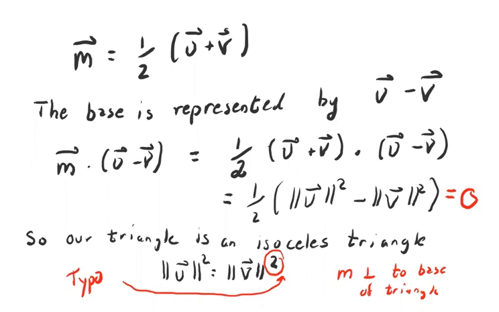I'll start you out. If you have a vector A and you dot it into a vector B, this is a definition.